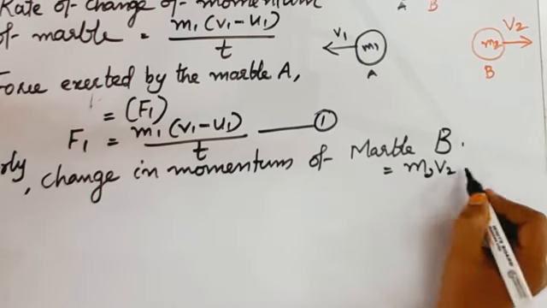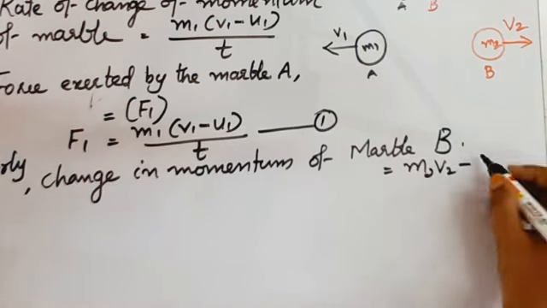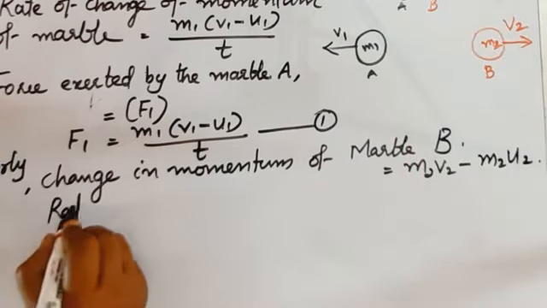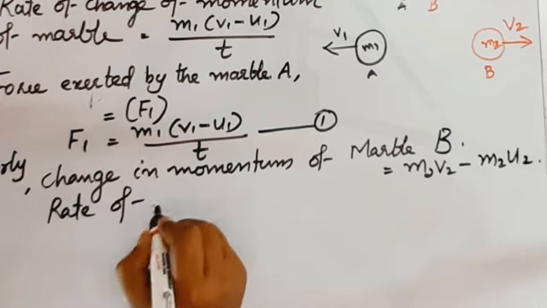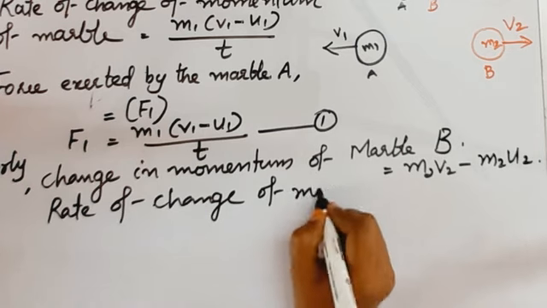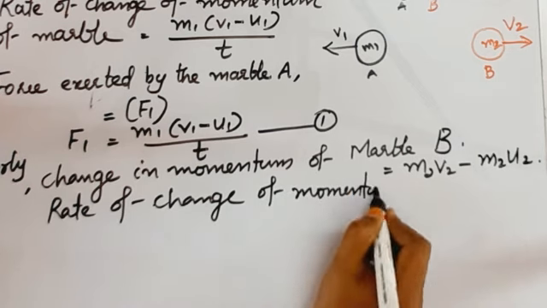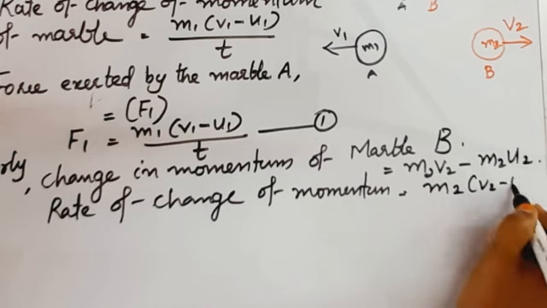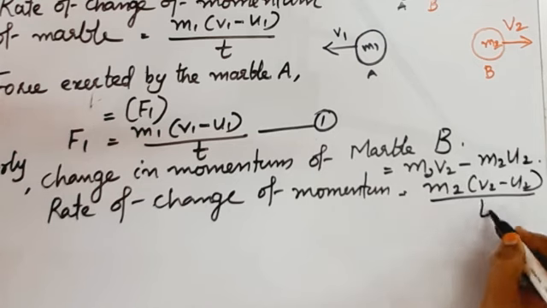M2V2 minus M2U2 is the change in momentum. Then what is the rate of change of momentum? Rate of change of momentum is equal to M2 into V2 minus U2 divided by T.